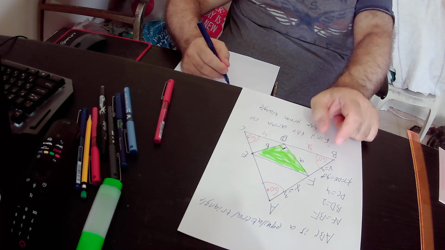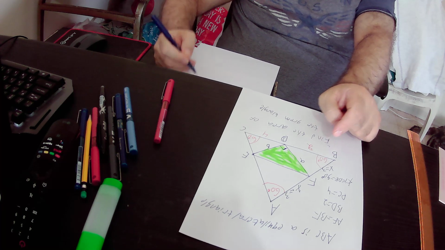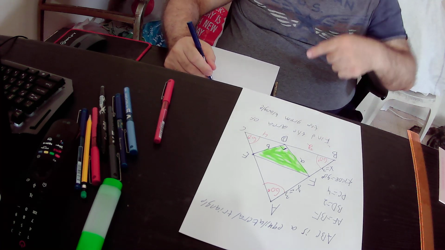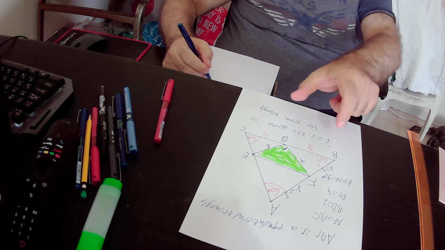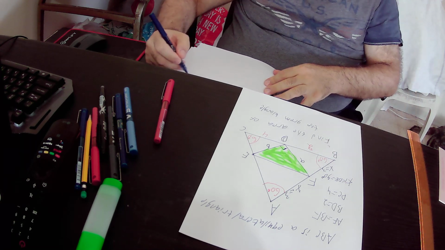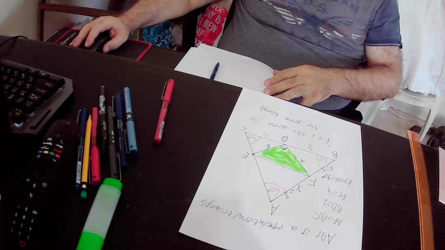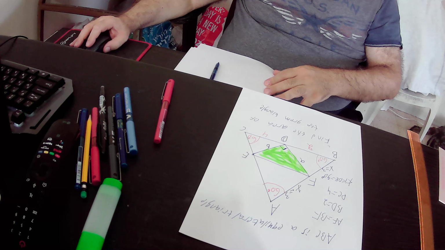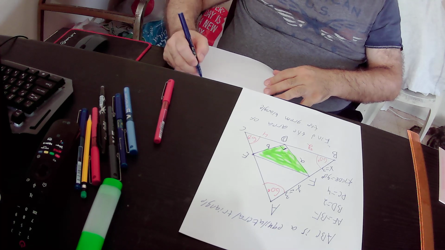BD equals 2, so 2 squared is 4, minus 2 times BD is 2 and BF is 3, cosinus 60 degrees, which is actually equal to 1/2.